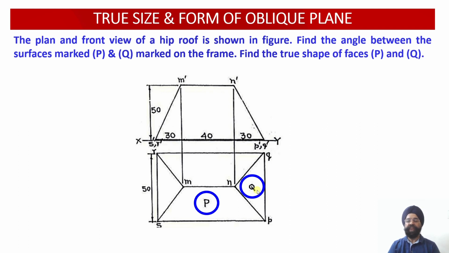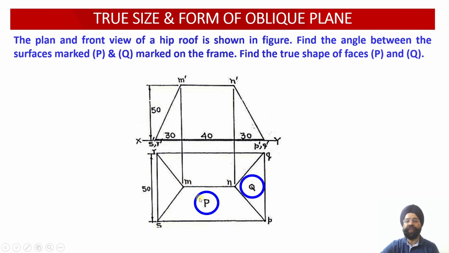We are not determining the true shape of just one of the laminas here. This is one triangular lamina, NPQ, and this is another trapezoidal lamina, MNPS.